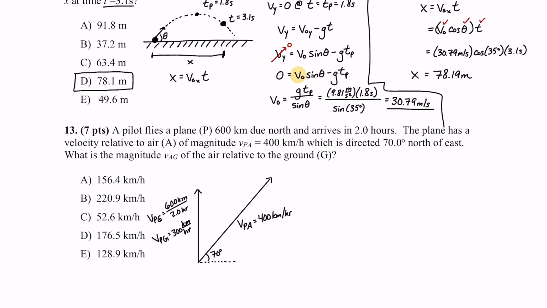We're asked, what is the magnitude of the velocity of air with respect to ground that would allow our pilot to actually fly in a straight line? So that would be a vector that looks like this.